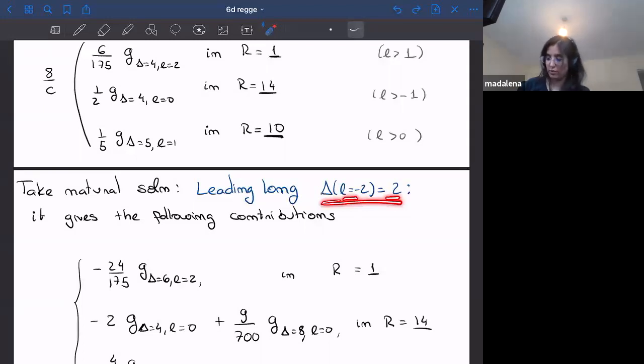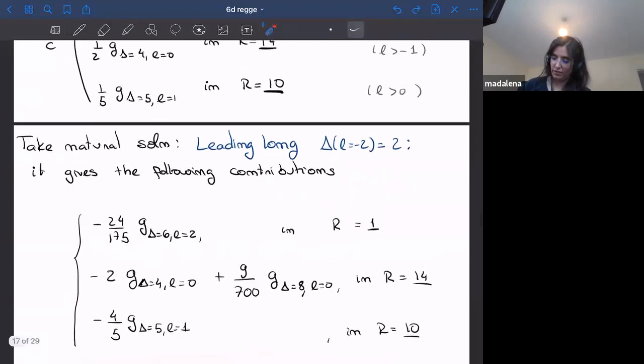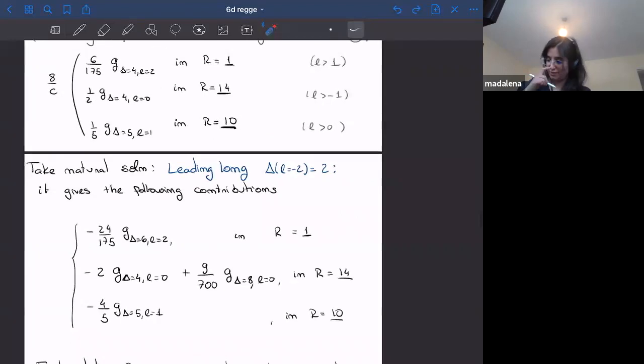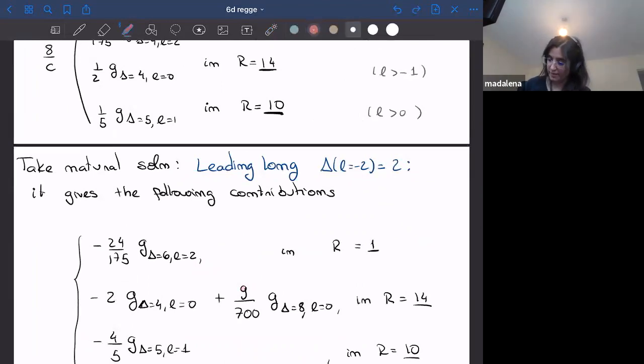And if we look at the contribution of the leading long at this dimension, it actually gives exactly, so maybe I zoom out, it gives exactly the same contributions up to this thing here that I'll comment on in a minute.